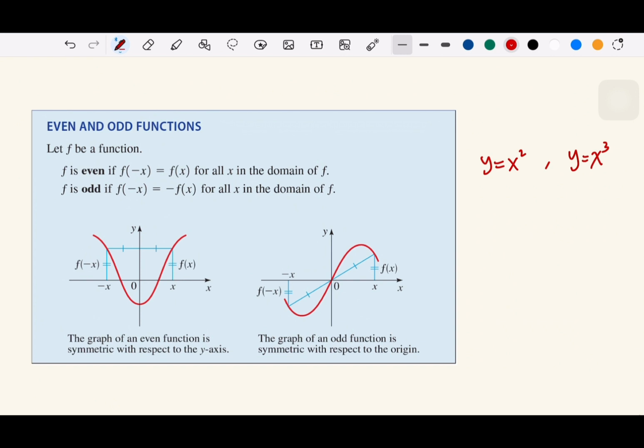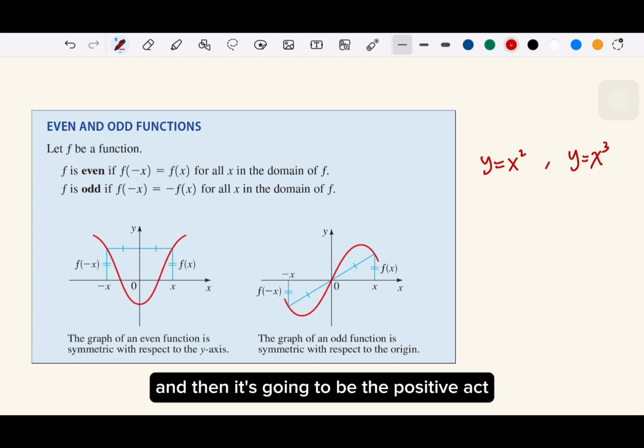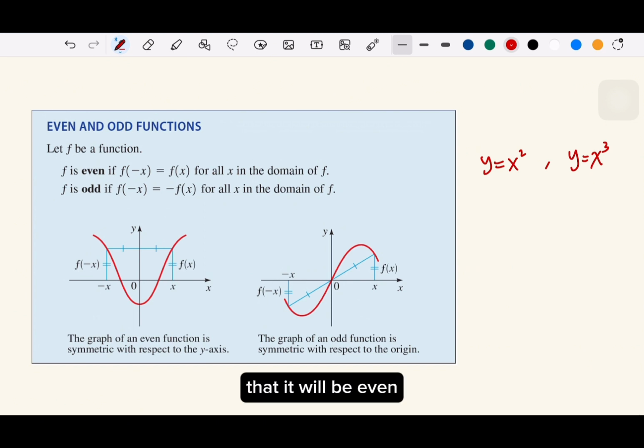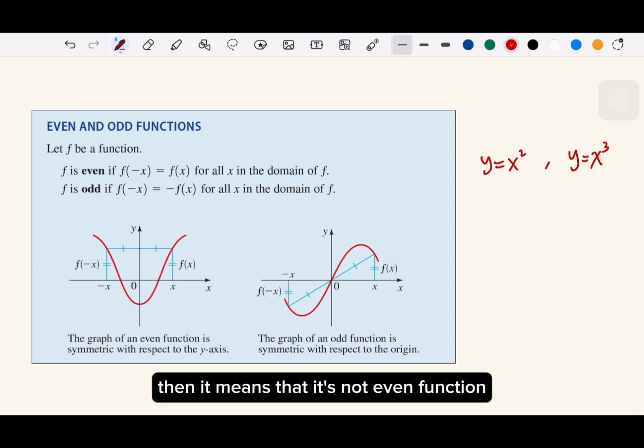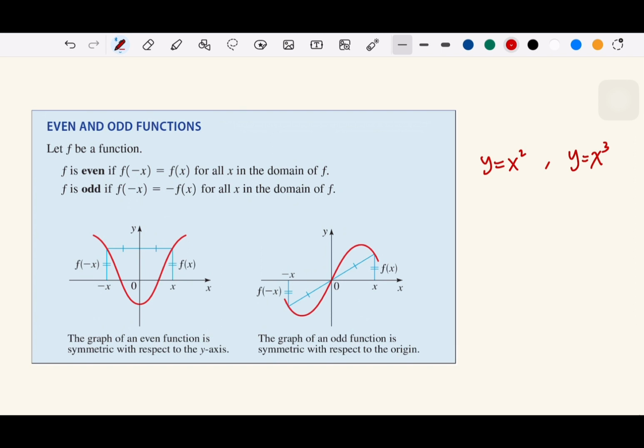If you get positive f, then it is even. If you get negative f, then it is odd. But there is another option: it can become another function g, which means it's not an even function and not an odd function.